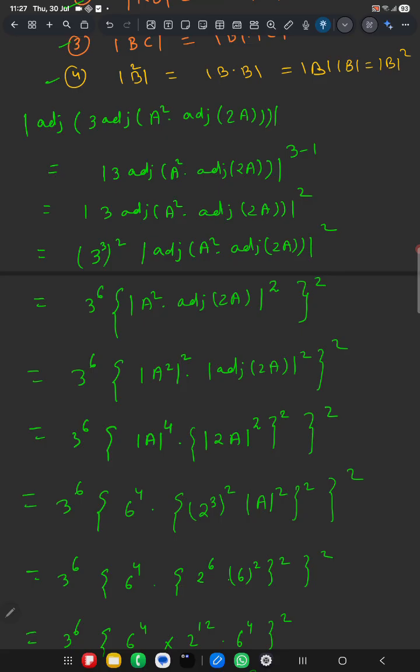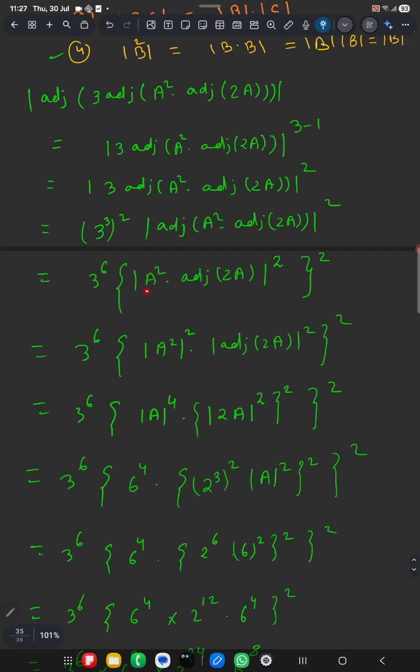Okay, this is property number 1. Now this A square is a matrix, this is another matrix. So this time you have to find the determinant of the product, means product of the determinants. So the product of A square and this 2 comes from here, and the determinant of this square for this one, and this 2 comes from here, isn't it?